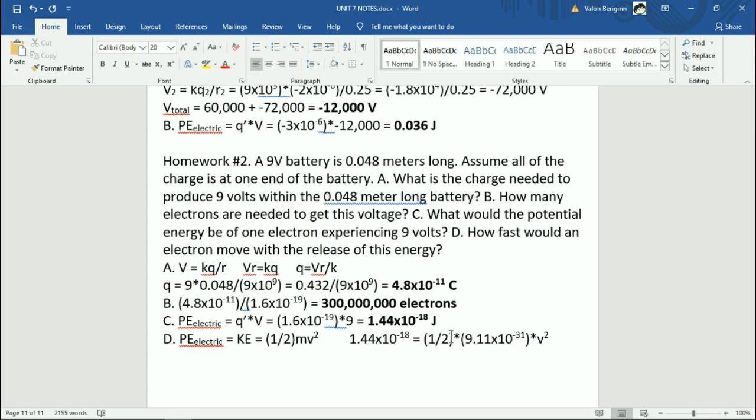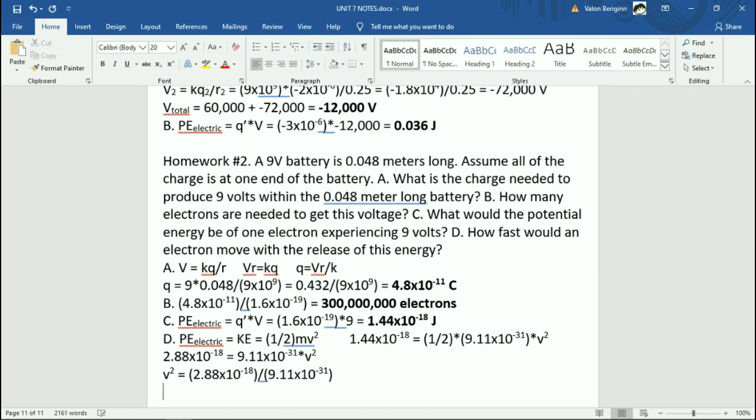I'm going to get rid of the 1/2 by multiplying both sides by 2. So it'd be 2.88 times 10 to the negative 18 equals 9.11 times 10 to the negative 31 times v squared. So v squared is going to equal 2.88 times 10 to the negative 18 divided by 9.11 times 10 to the negative 31.